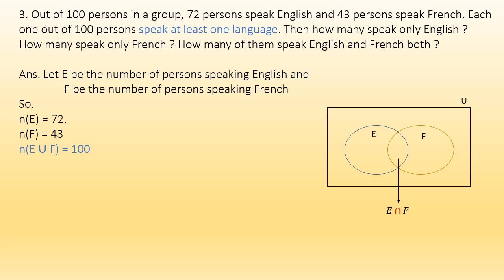Now we need to apply the formula N of E intersection F is equal to N of E plus N of F minus N of E union F. This is the formula we are going to apply. So first we'll be writing the formula.